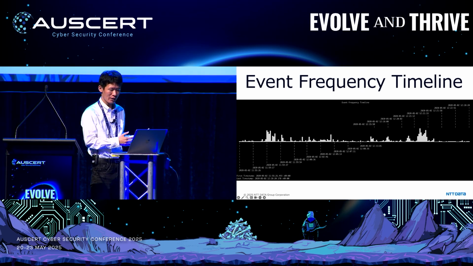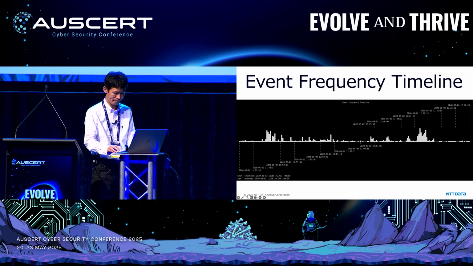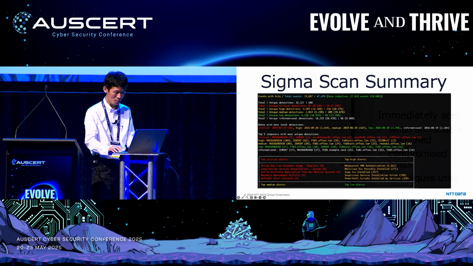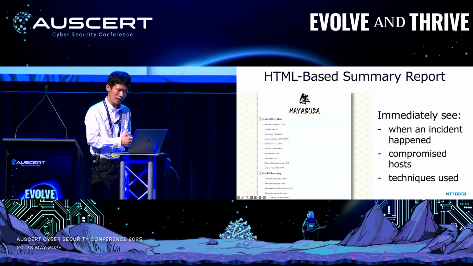As shown here, you can easily visualize the time series distribution of event counts. This is a summary of single rule detection results after scanning the EVTX files. This is the HTML output result. You can immediately see when an incident happened, the compromised host, and the technique used.